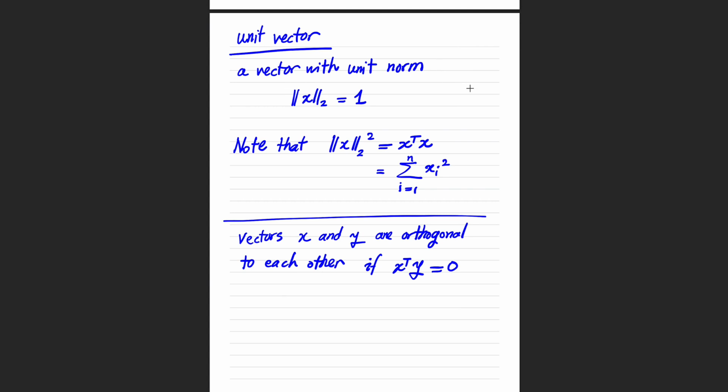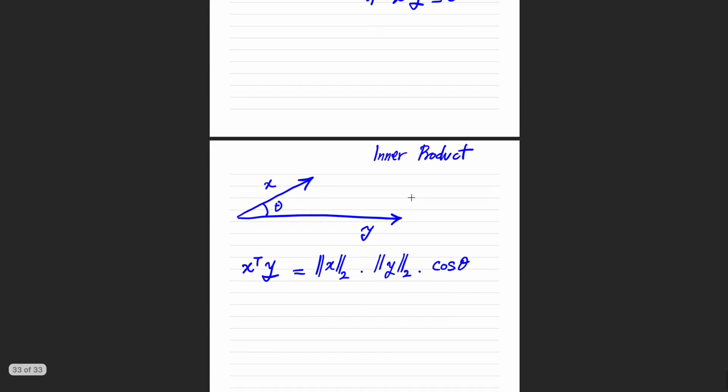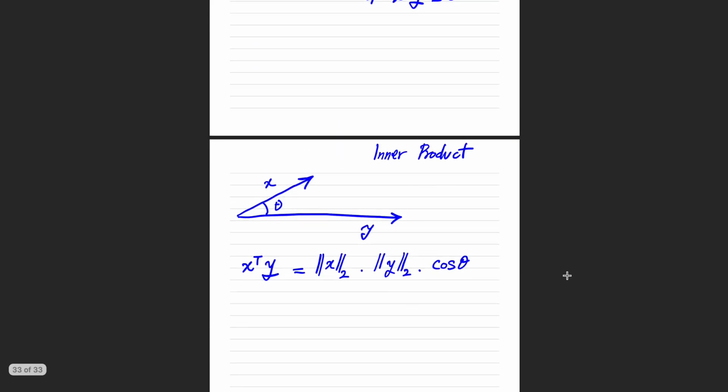A unit vector is a vector with unit norm. That means the L2 norm of x is 1. Note that the L2 norm to the power of 2 is x transpose x. We say x and y are orthogonal to each other if x transpose y is 0, so the inner product is 0. In general, the inner product looks like this.